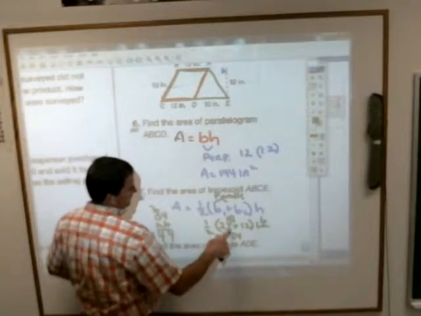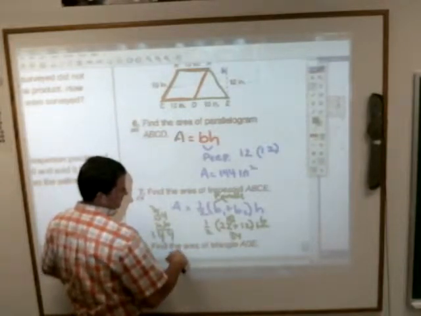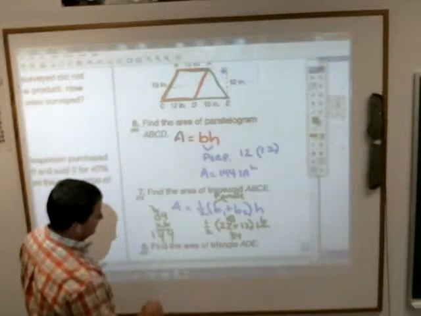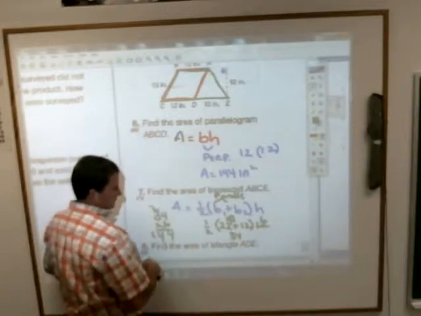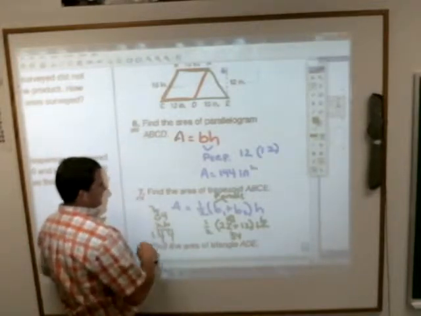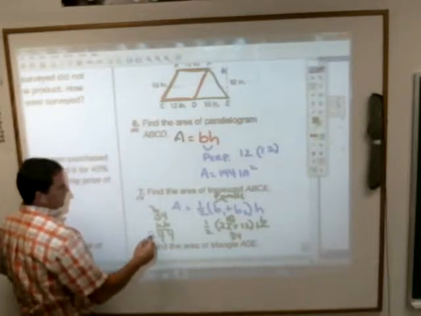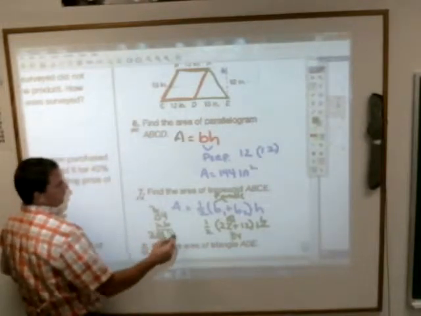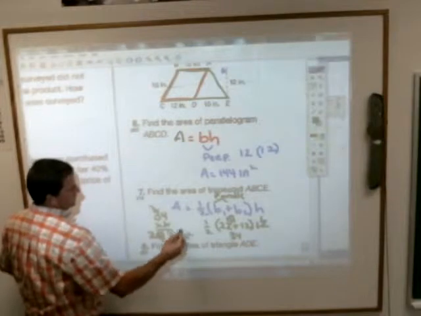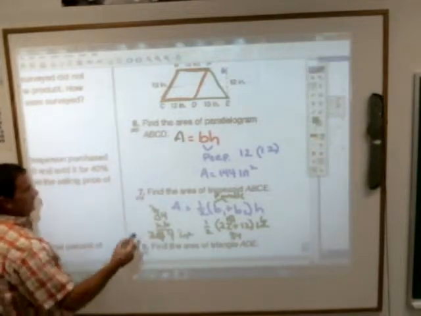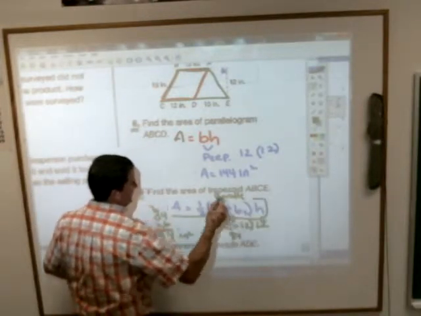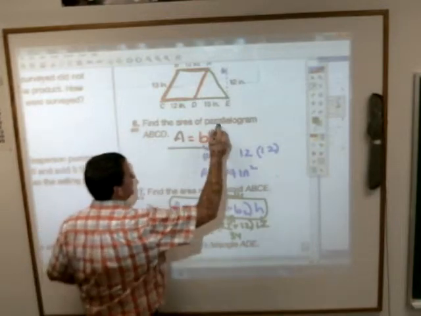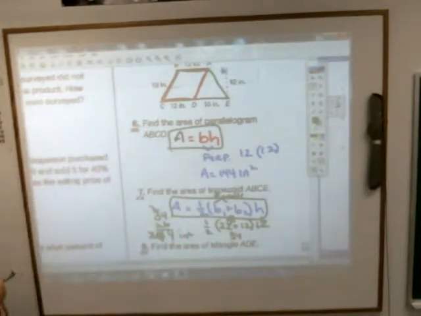I know, because this is 34, we have to do half of 34. Oh, 6 times 3 is 18 plus 2, 204, sorry. 204, and again, square inches. I would definitely have these formulas put on a piece of paper with some notes to yourself. You should not miss those. Those should be incredibly easy.